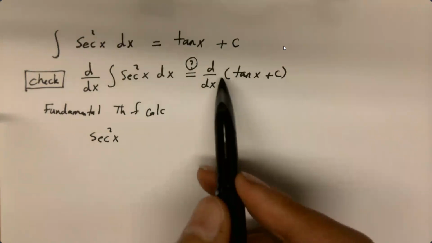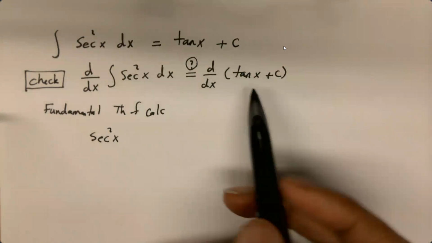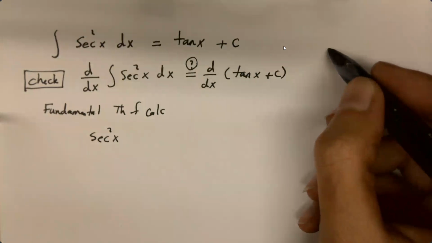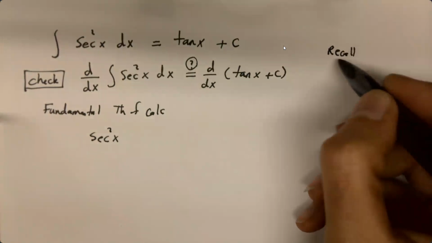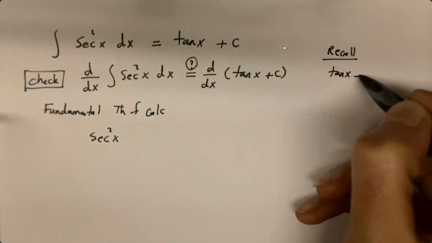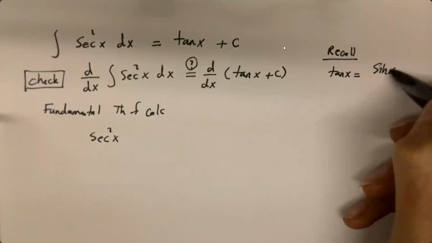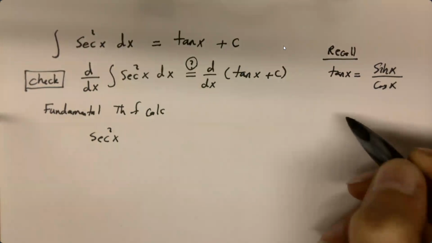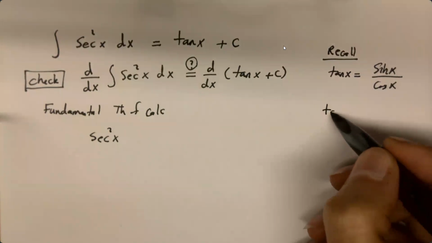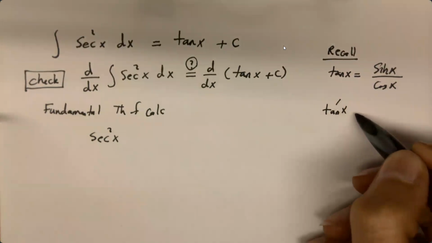So if you don't remember the derivative of tangent, recall that tangent of x is sine x divided by cosine x. So when you want to take the derivative of tangent of x, you're actually using the quotient rule.